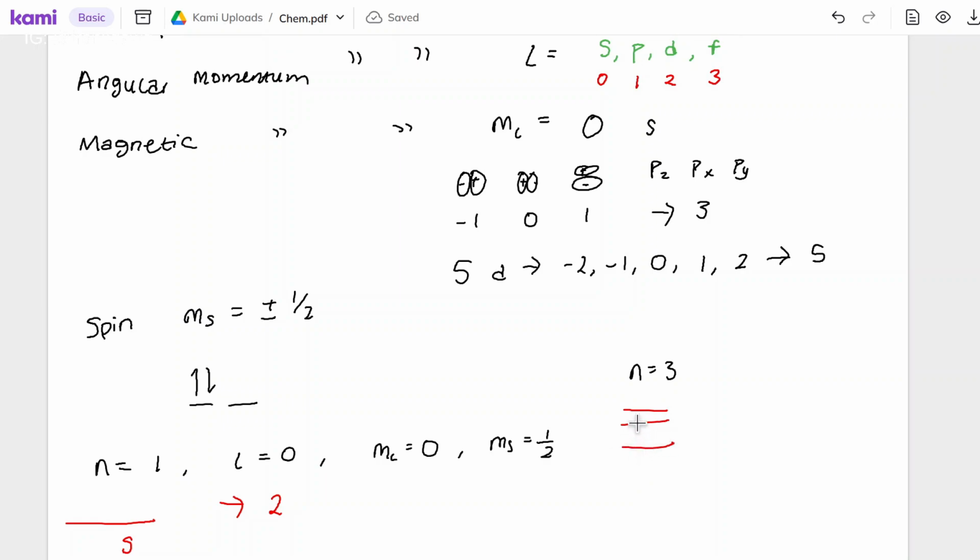If you remember, the first one is S, then the second one is SP, then the third one is SPD. So there are 3 different configurations that n equal to 3 can have, which is either 0, 1, or 2, which is for S, P, or D, like I said up here.